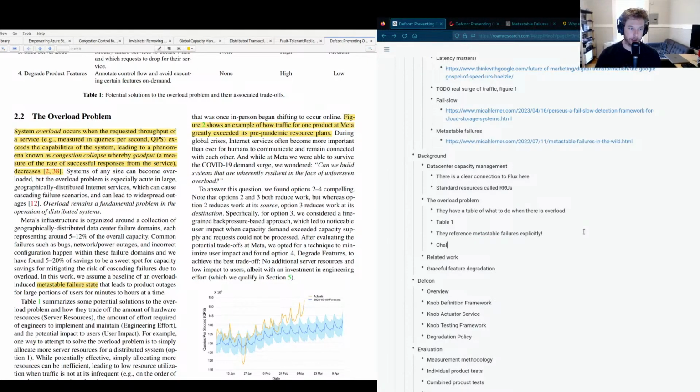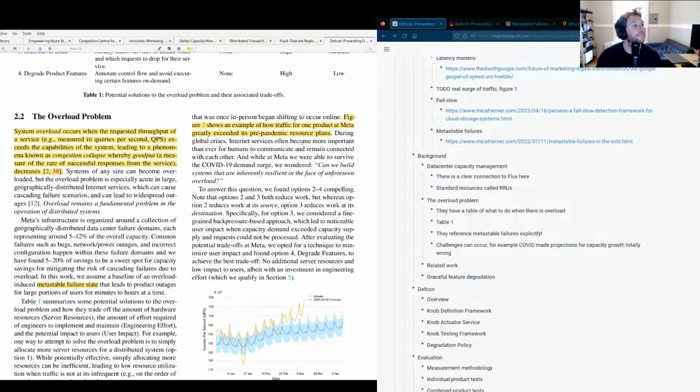Challenges. For example, COVID made projections totally wrong. I wonder what they did during this time period.